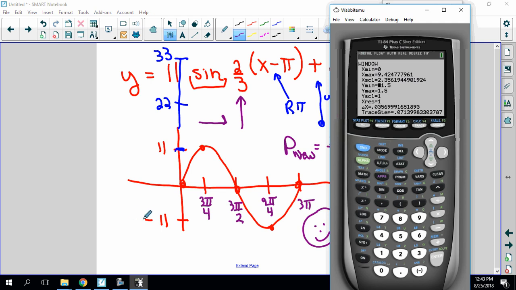Initially, we want to go minus 11 to 11. And then we're going to shift it up 22, so we know we want to at least get up to 33. So I like the minus 11, but let's actually take it up to like 44. And then the Y scale, well, I'm going to go by 11s. And then I'm going to graph it.